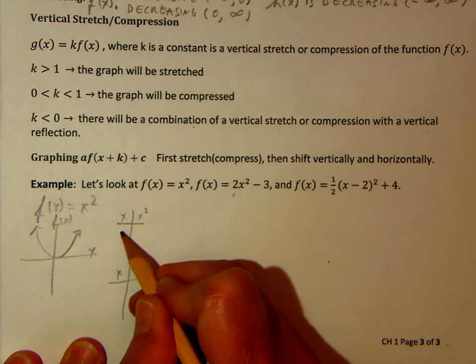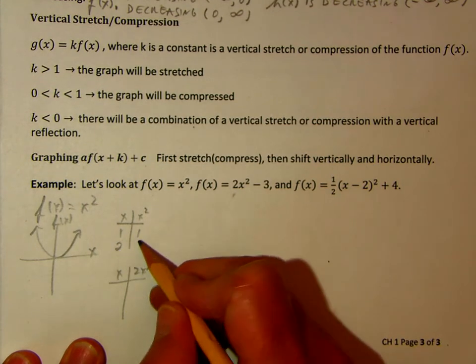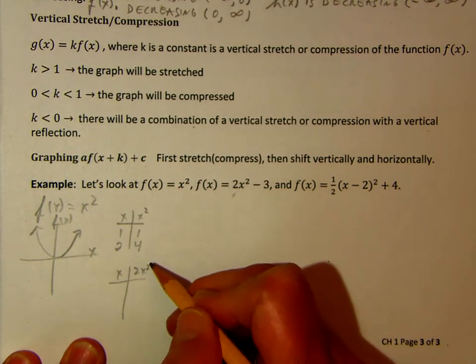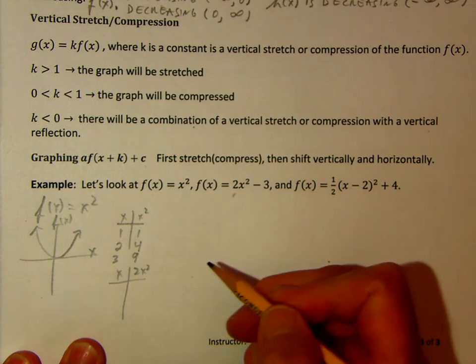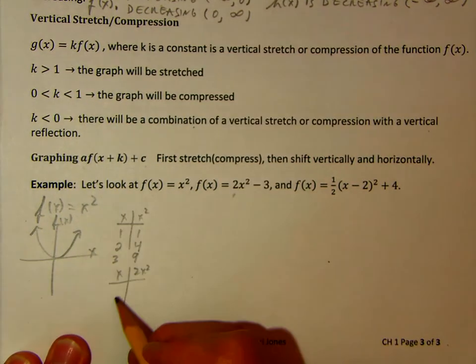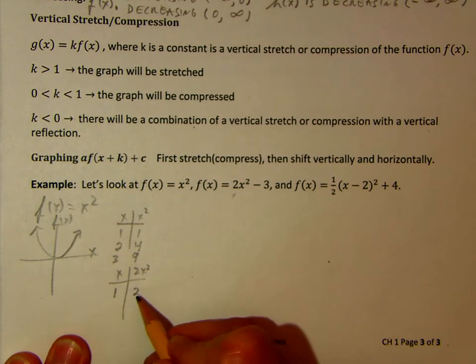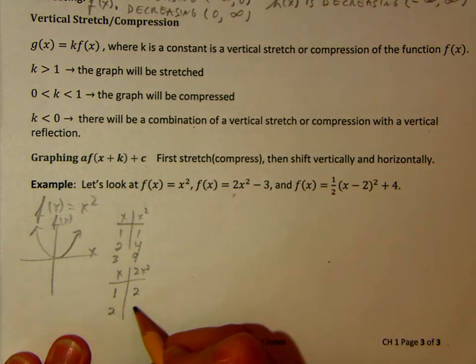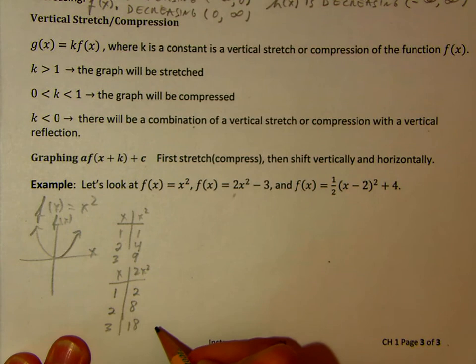At 1, x squared is 1. At 2, x squared is 4. At 3, x squared is 9. At 1, 2x squared is 2. At 2, 2x squared is 8. At 3, 2x squared is 18.